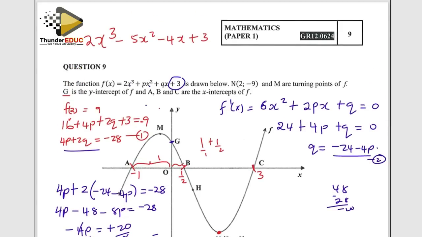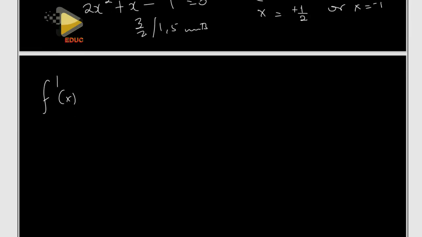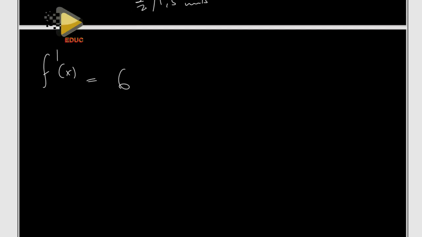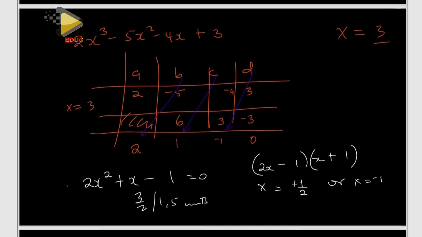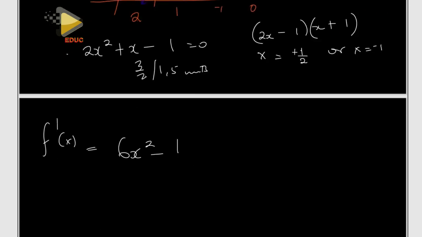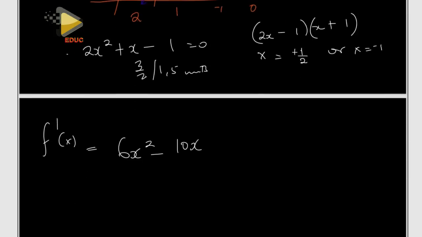For the turning point, just get the first derivative. So f prime of x: remember, it was 2x cubed, so that's going to give us 6x squared, minus 2 times 5, that's 10x, and lastly minus 4. This must be 0. Divide through by 2, I have 3x squared minus 5x minus 2.